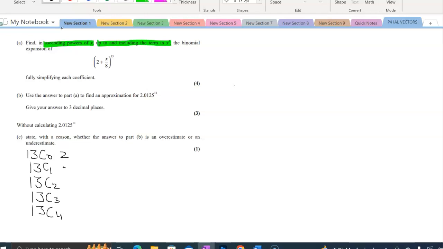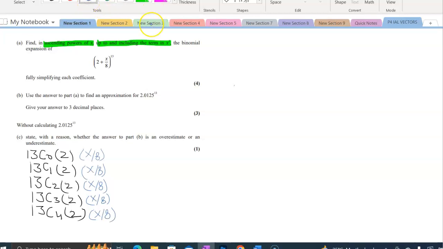Then the first term is 2, and the second term is x over 8, x over 8, x over 8. So that's how the pattern is there. The binomial is not very difficult. You should only know how to write the pattern.